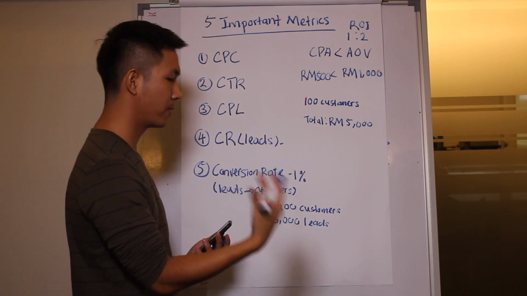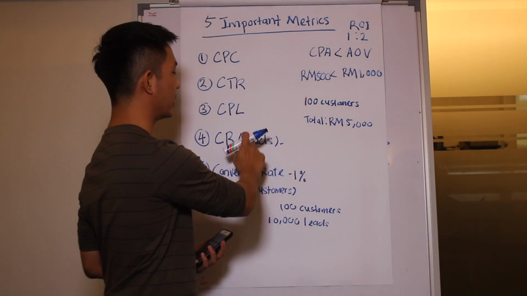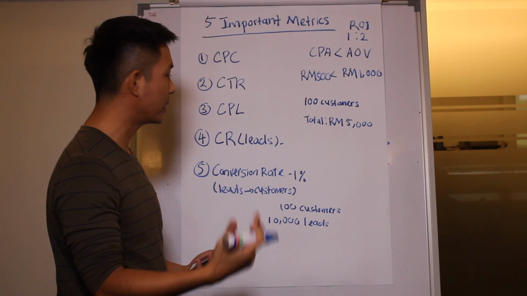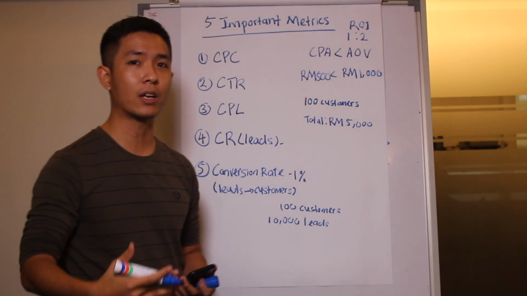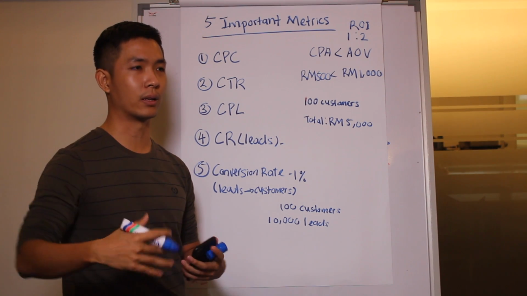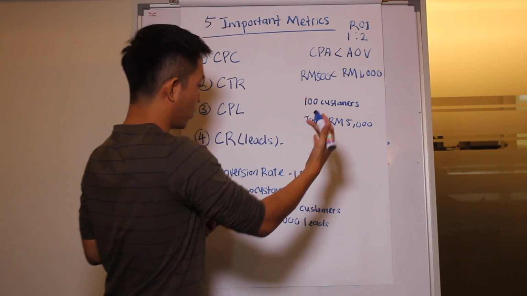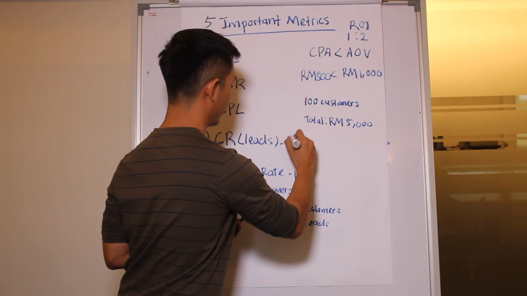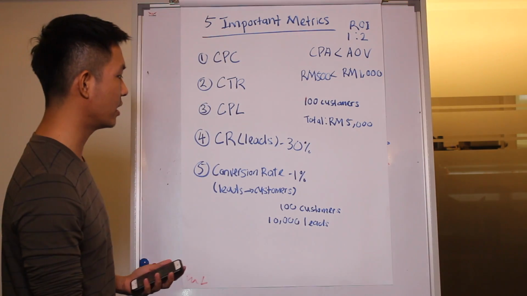The typical range of the conversion rate of people clicking on your ads turning into leads normally ranges from 20 to 30%, depending on the offer that you're giving them, whether or not they're resonating with the offer. So let's put it at 30%. That is the normal range that we can see.